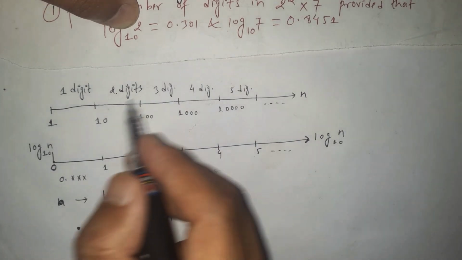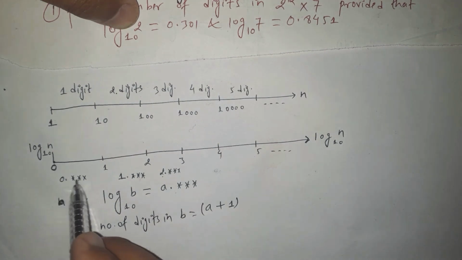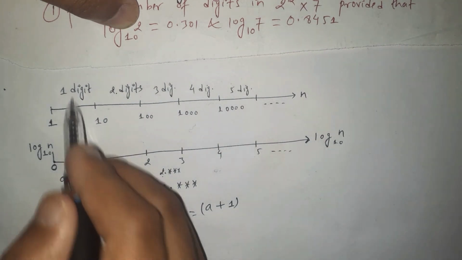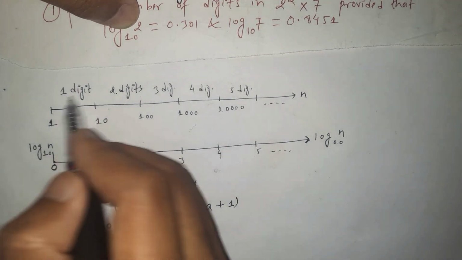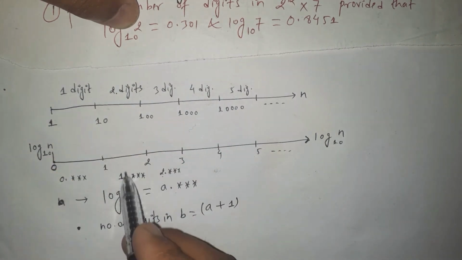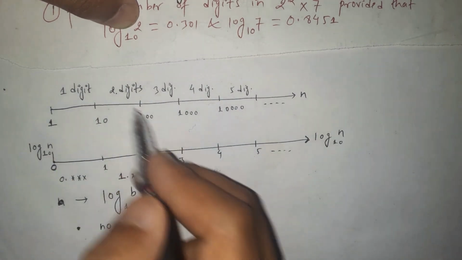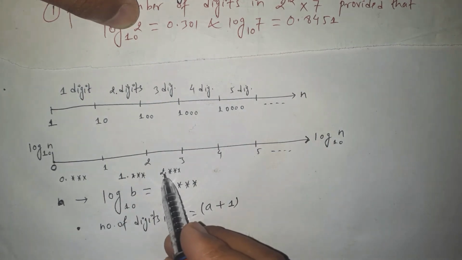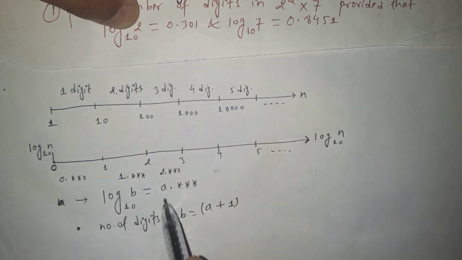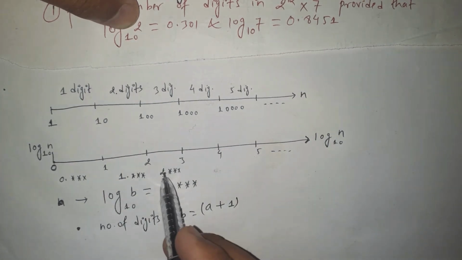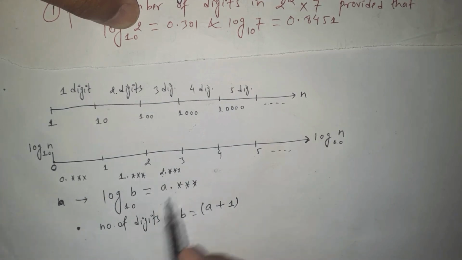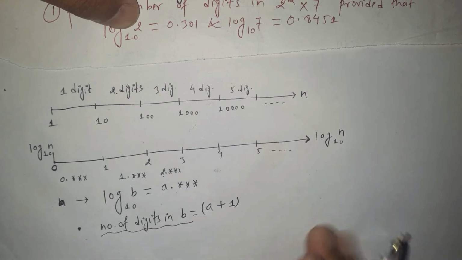We can generalize from this pattern. If 0 point something, then the number of digits will be 1. This 1 comes from 0 plus 1, this 2 comes from 1 plus 1, and this 3 comes from 2 plus 1. If we add 1 to the number before the decimal in the logarithmic value, we get the number of digits in that number.